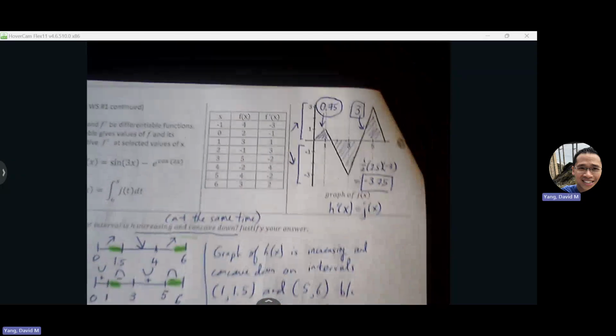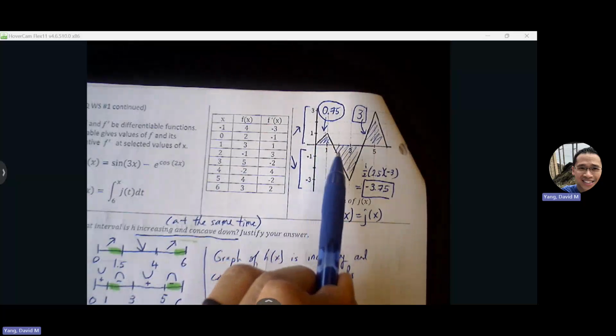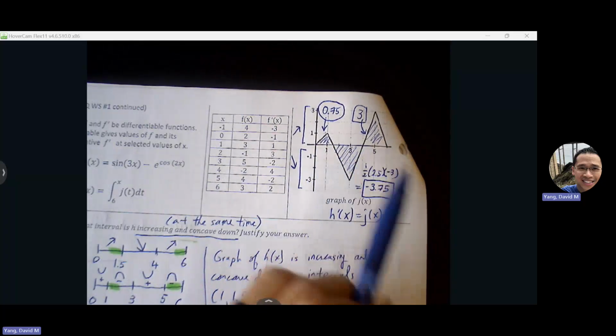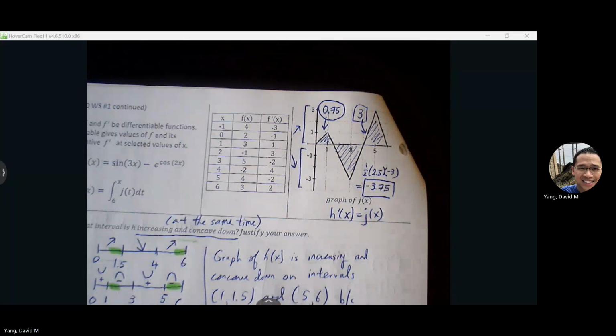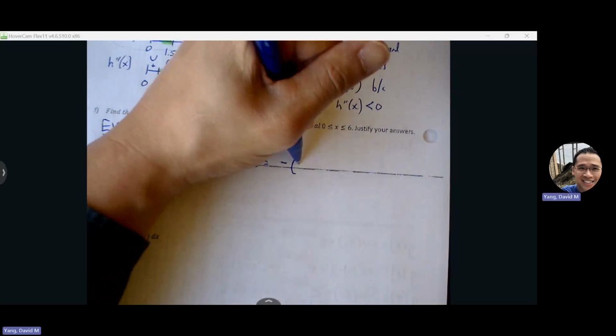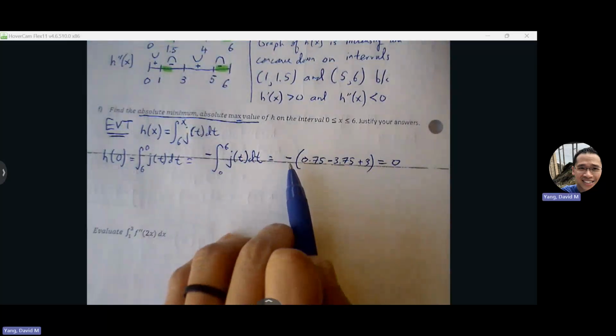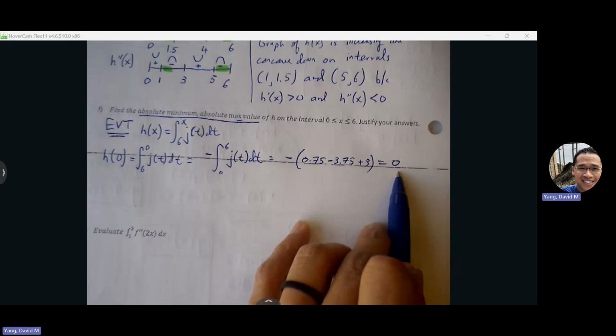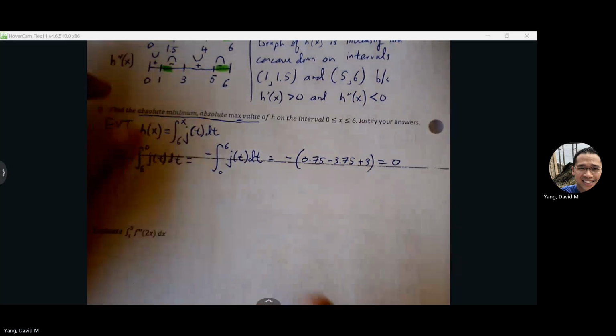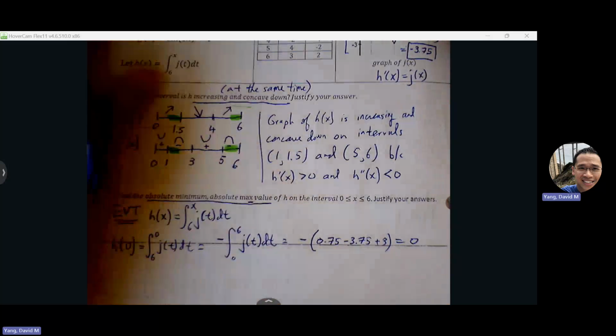So from 0 to 6, I can just add up all these values, 0.75 minus 3.75 plus 3, with a negative in front. Now this does add up to be 0, so that change in sign is not going to matter. Next up, let's test 1.5.